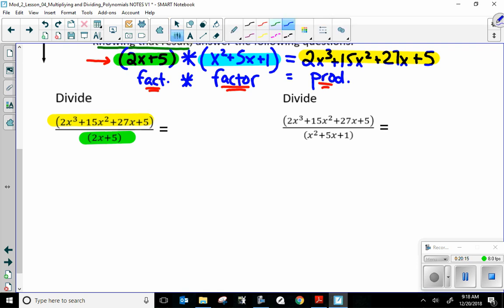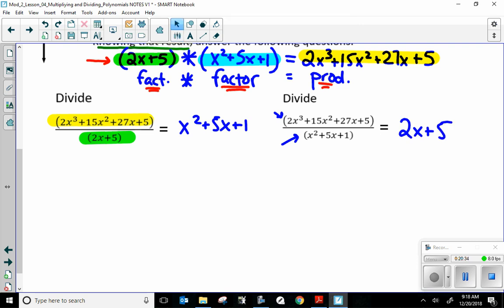It's x squared plus 5x plus 1. All right? And same thing. If I take my product and divide it by one of the factors, the answer should be the other factor, 2x plus 5. Okay? So that's how we're going to do our division, by knowing our multiplication.